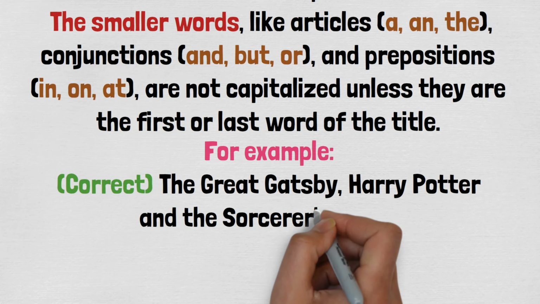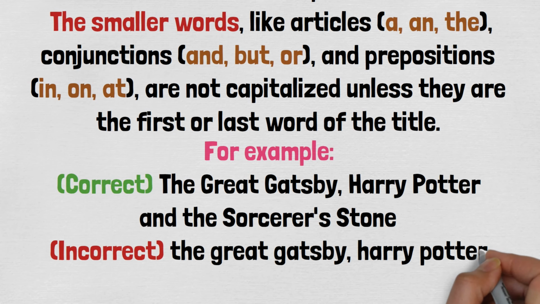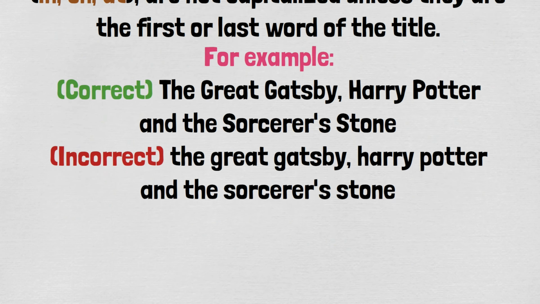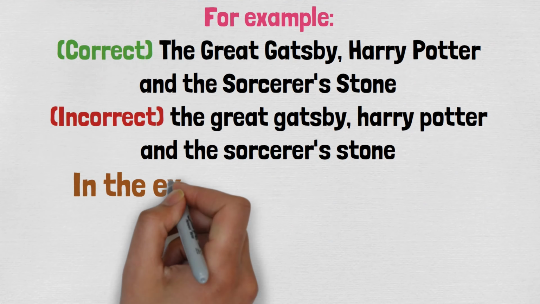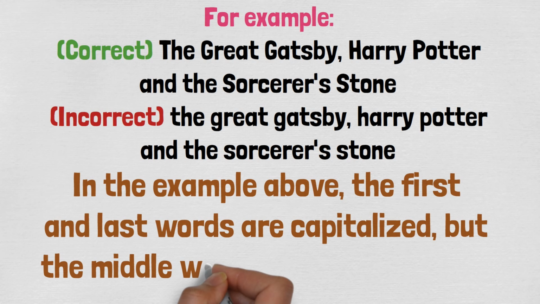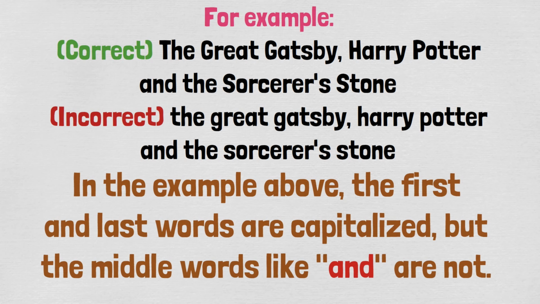For example, correct: The Great Gatsby, Harry Potter and the Sorcerer's Stone. Incorrect: the great gatsby, harry potter And The sorcerer's stone. In the example above, the first and last words are capitalized, but the middle words like and are not.